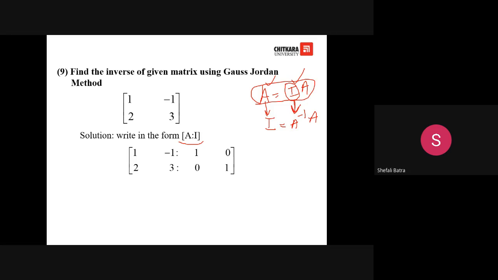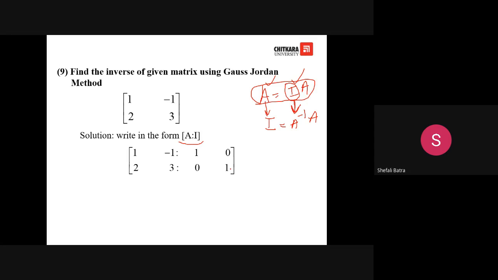But when we write it in this form, sometimes it happens that we apply it here and forget to apply it on this matrix. So somehow it becomes wrong. So to avoid this, you can write the given matrix in this form, A colon identity matrix. Right? When you write everything in the form of a matrix, then the chances of making a mistake will be very, very less.